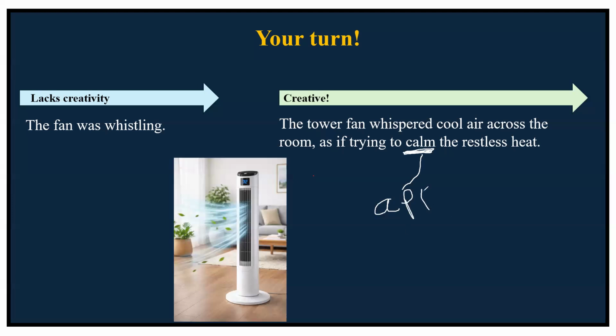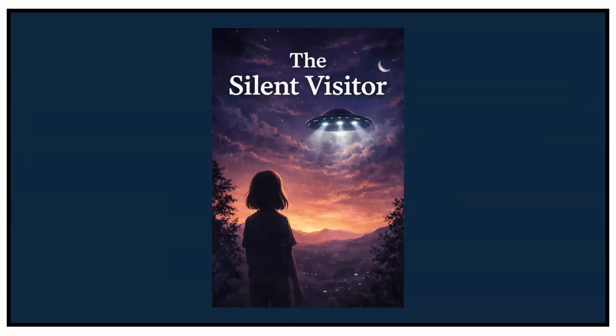Appease. Yeah. Whenever we can use good language, we'll take that opportunity. So the tower fan whispered cool air across the room as if trying to appease, calm down the restless heat. That might have been a better word for me to have used. All right. Amazing. Well done, guys. So we have demonstrated that we are amazing at creating sentences using personification.